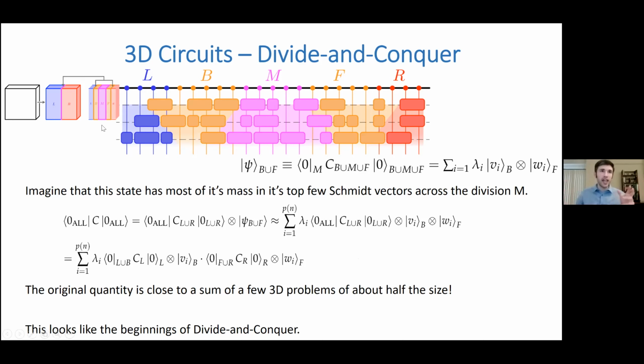These are CL and CR, the blue gates and the red gates, respectively, and they correspond to the blue and red parts of this cube up here. And that's exactly how we would want a divide and conquer algorithm to work. It expresses the original quantity as a simple sum or a simple expression of new quantities that are the same type of problem instance of only about half the size.